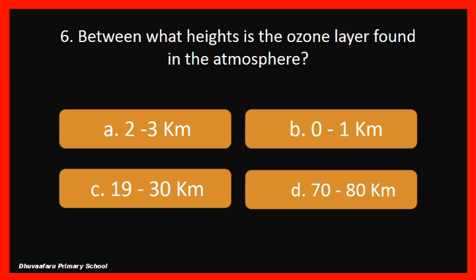Question number 6. Between what heights is the ozone layer found in the atmosphere? A, 2 to 3 kilometers, B, 0 to 1 kilometer, C, 19 to 30 kilometers, and D, 70 to 80 kilometers.